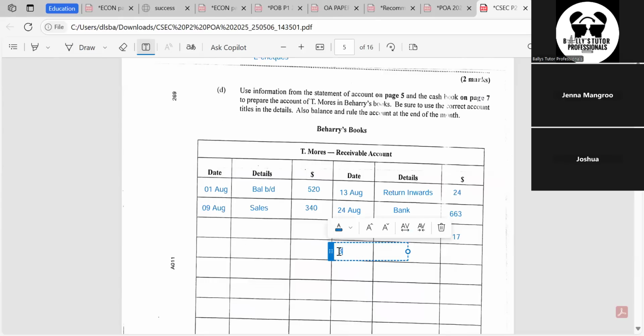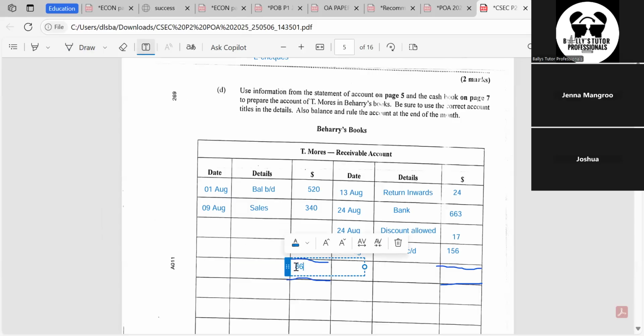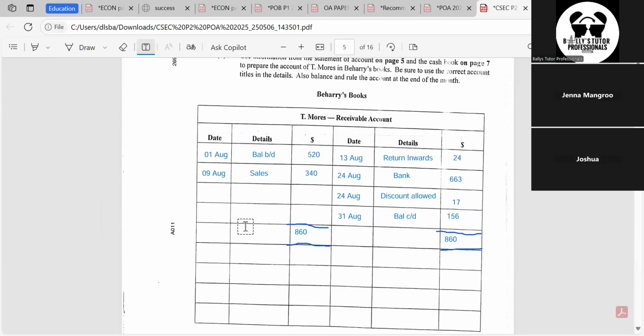So we put it to the 1st of August, balance carry down, 156. Now we put in our totals, which will be 860 on both sides. And then 1st of September, the opposite side of your balance carry down.